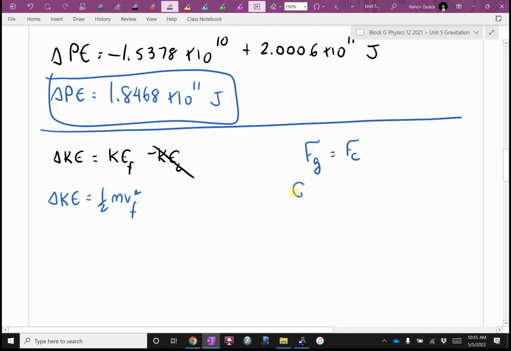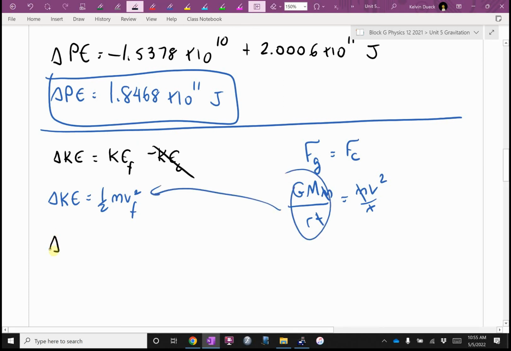I can say big G, big M, little m over r squared equals m v squared over r, because I'm trying to find v. M cancels, one of the r cancels, and I was going to take the square root, but then I said, wait a minute, there's a v squared here. Why don't I just stick this in for that?